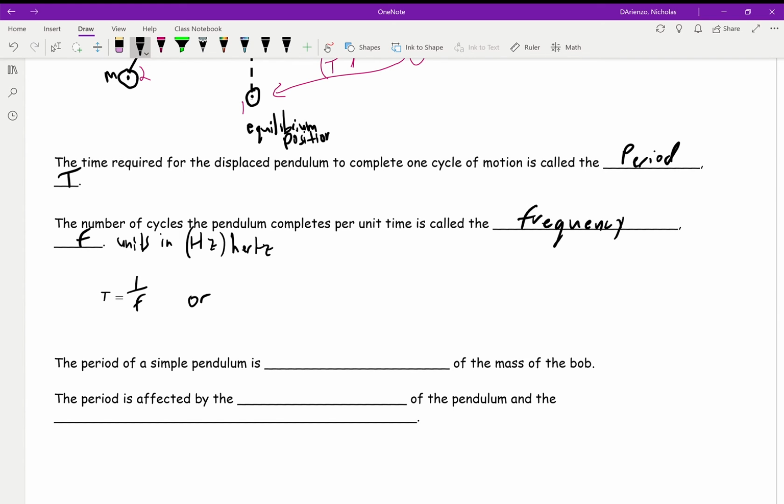Or, another variation we can use here, the period is equal to 2 pi times the radical of the length of the pendulum divided by g, where g is equal to the acceleration due to gravity.